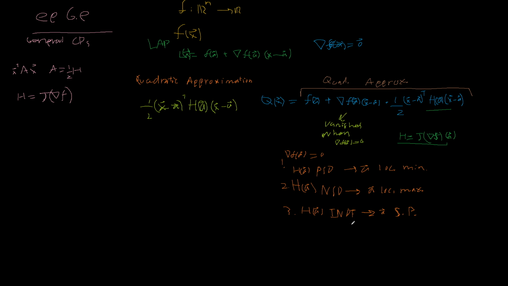So we just test for definiteness, and that tells us whether we have a local minimum, local maximum, or a saddle point. For quadratic forms it is relatively easy, but it might be more challenging for other functions. But the process is relatively straightforward.